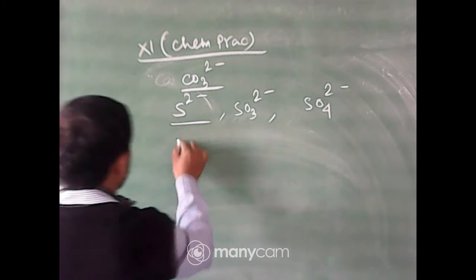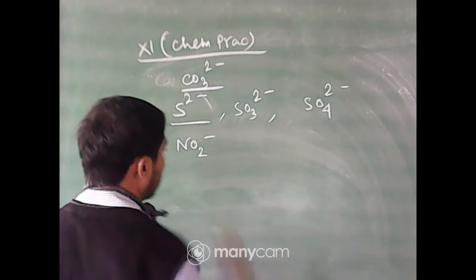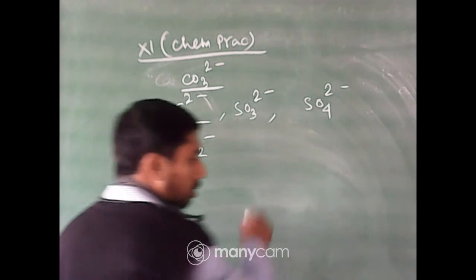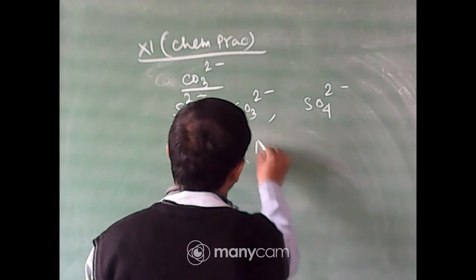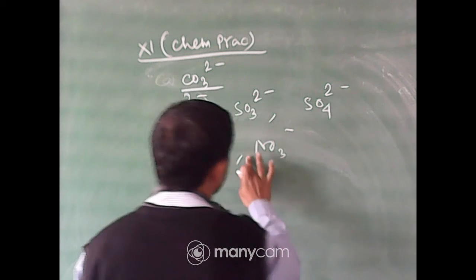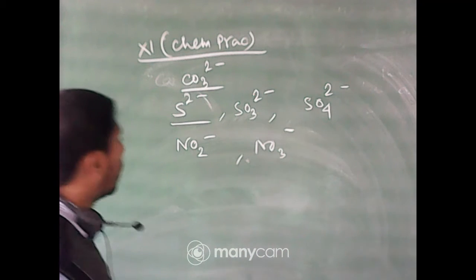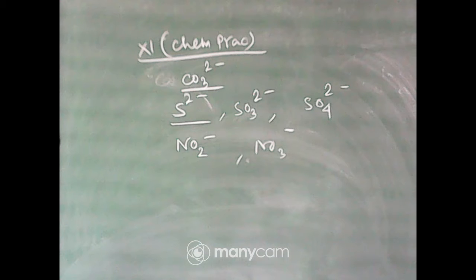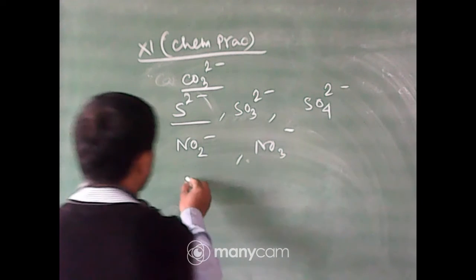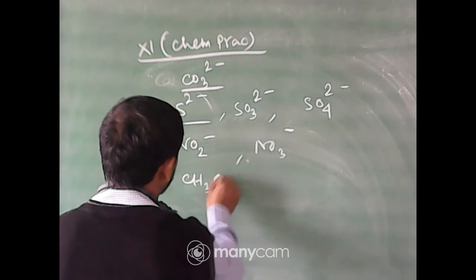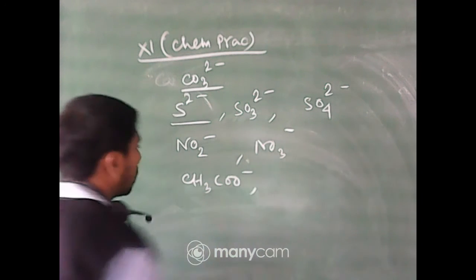Containing nitrogen, NO2 minus, that is nitrite, and NO3 minus, nitrate. Okay, and except these, also having acetate, CH3COO minus.